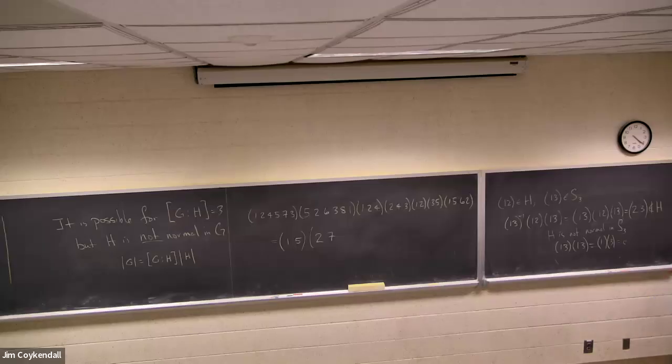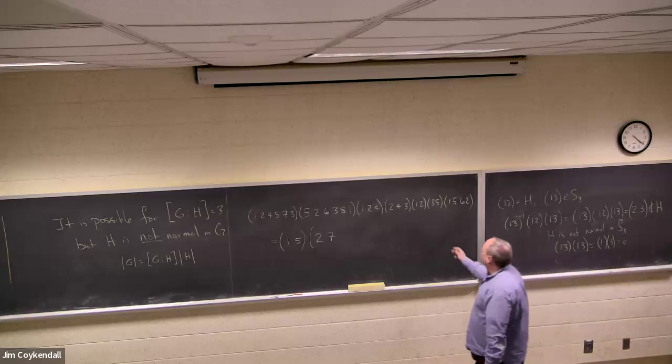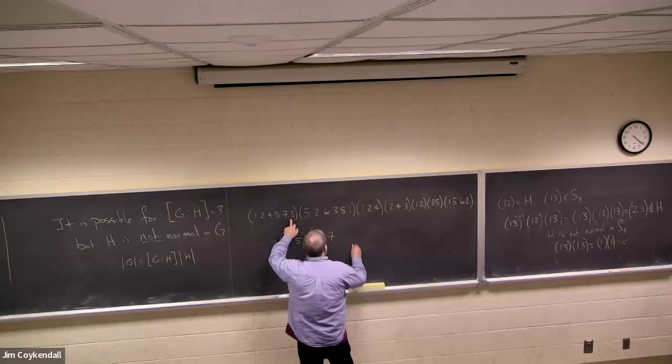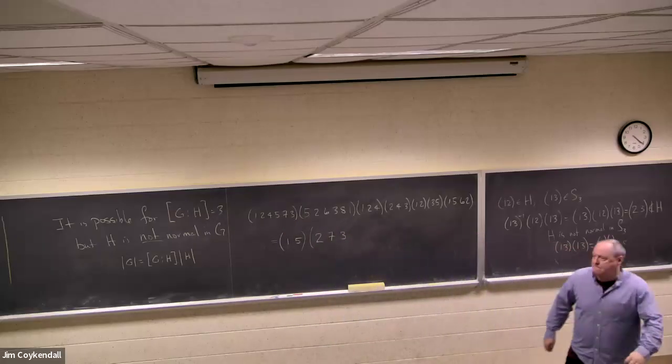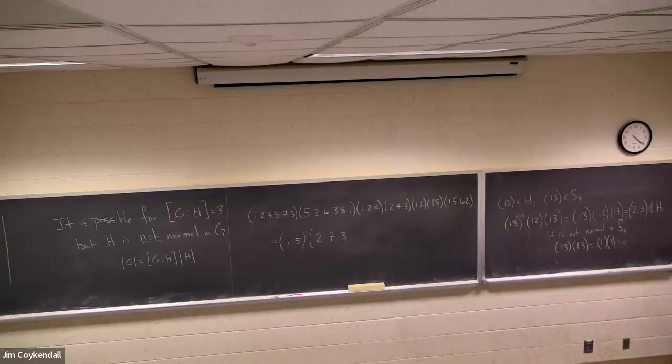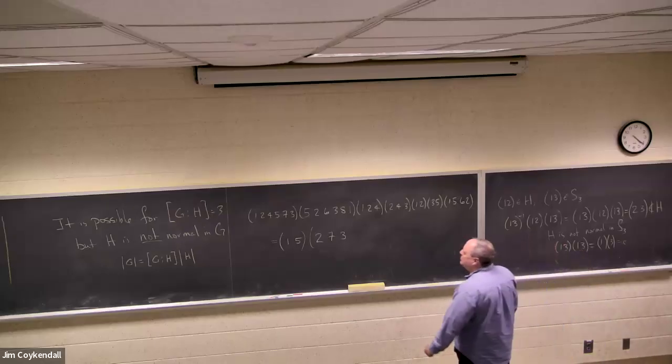How about 7? Where does that go? Yeah, 7 was easy because it only appears in this first one, so it just goes to 3. How about 3? 4. I agree.